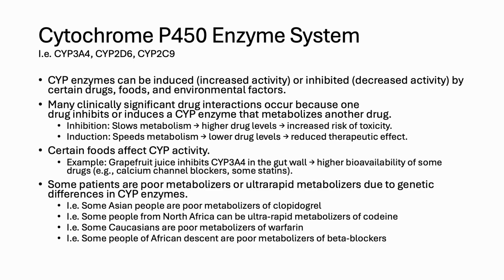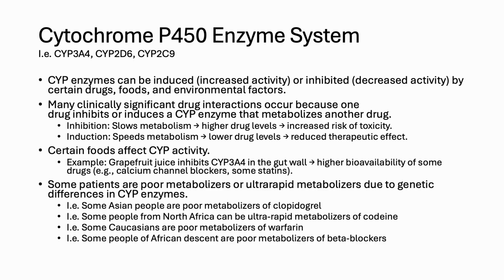The other thing that's important to know about cytochrome P450 is that medications can impact cytochrome P450. So there's meds that inhibit these enzymes, and there are meds that speed up these enzymes. An example of a food that affects cytochrome P450 is grapefruit juice. You may see with some medications, if you look them up in your drug guide, do not take with grapefruit juice.